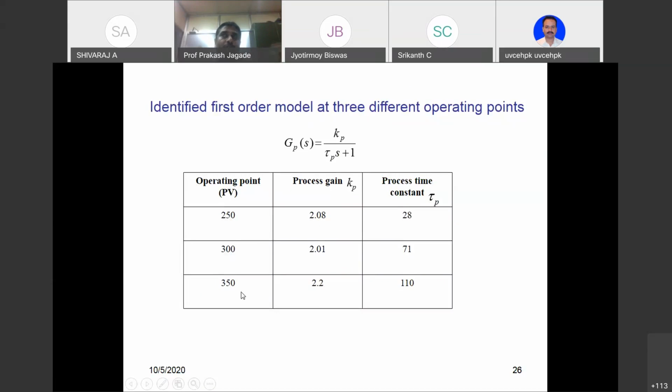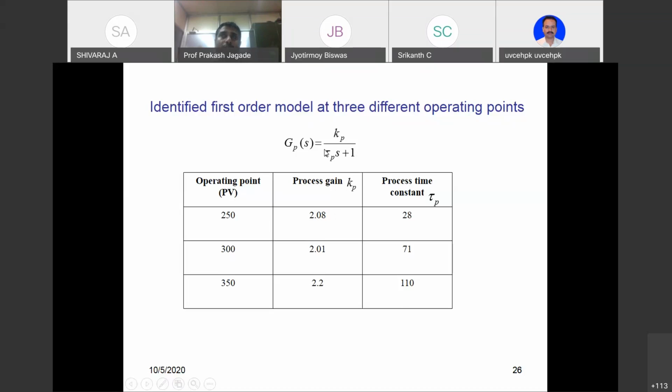And if you move away from 250, that is your nominal operating point, to 350, the process gain has not changed much, whereas the time constant has increased. Since your process parameters are changing when you change your operating point, you have to update the controller parameters also, because your time constant is changing.